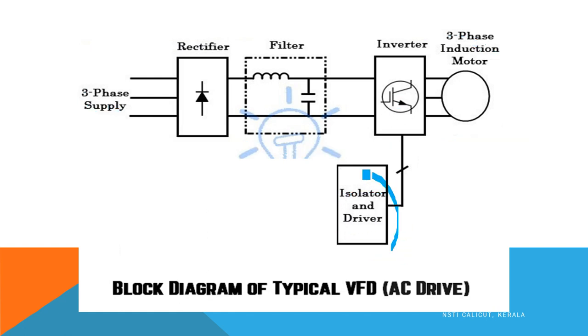This block along with the driving part takes care of isolating the high power area and the low power area. This will have lower voltage circuitry, generally DC. So the AC circuit with high power and the DC with low power will be isolated by this section for safety requirements.